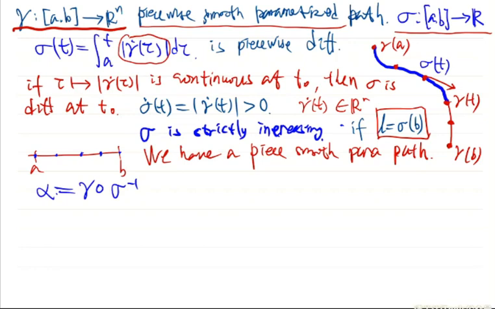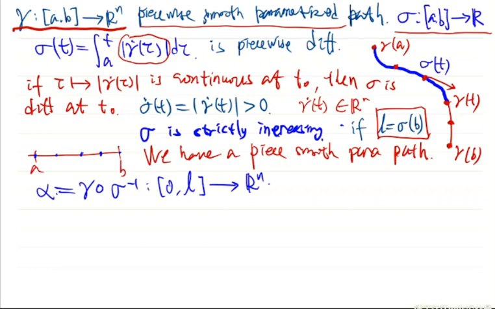The differentiability is a consequence of the inverse function theorem. So this alpha is defined on the interval 0 to L, to Rn. So this alpha is another piecewise smooth parametric path.